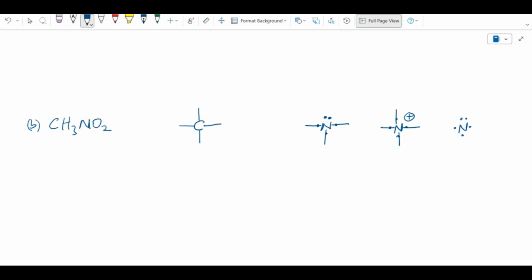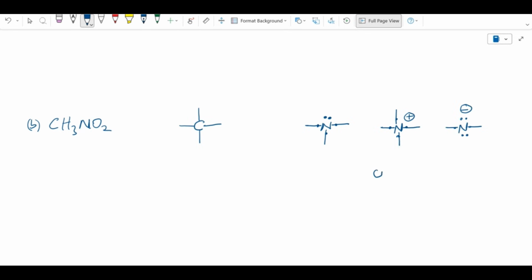And sometimes nitrogen can gain an electron. When it gains an electron, we'll give it a negative charge. In that case, this nitrogen can form 2 bonds. So a negatively charged nitrogen atom will have 2 bonds and 2 lone pairs.